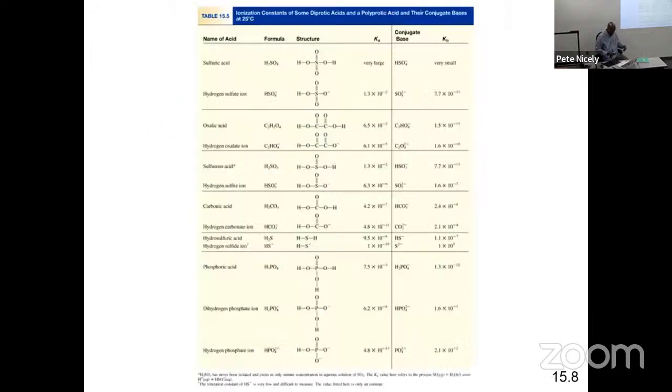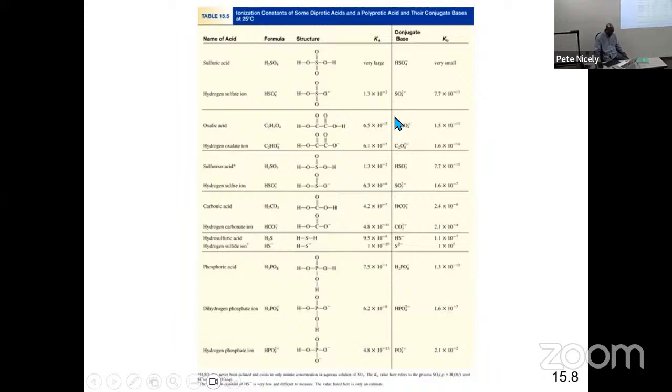So this is again a list of acids and the conjugate bases and their Ka values. As you can see here, sulfuric acid is a strong acid, so its Ka value is very large. Cannot measure it because it undergoes complete dissociation. And then the Kb of the conjugate base of that acid would be very small, right?